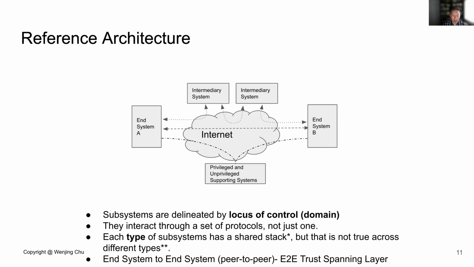So in order to achieve this, all the subsystems shown here are delineated by the locus of control, or sometimes people call it domain. Because if one has no control over a particular system or a device, we really cannot trust.